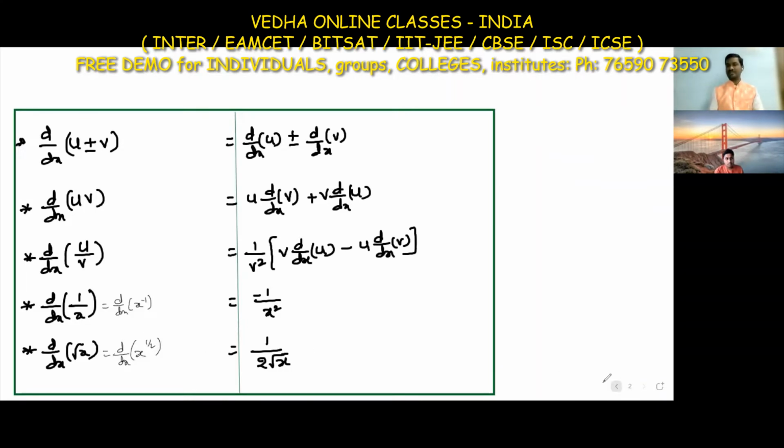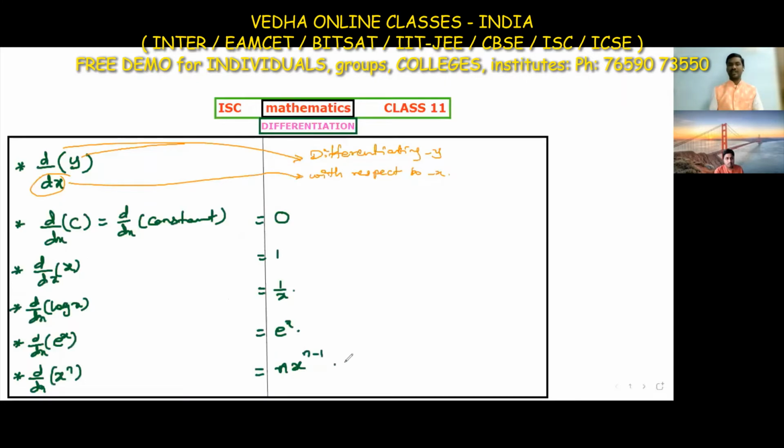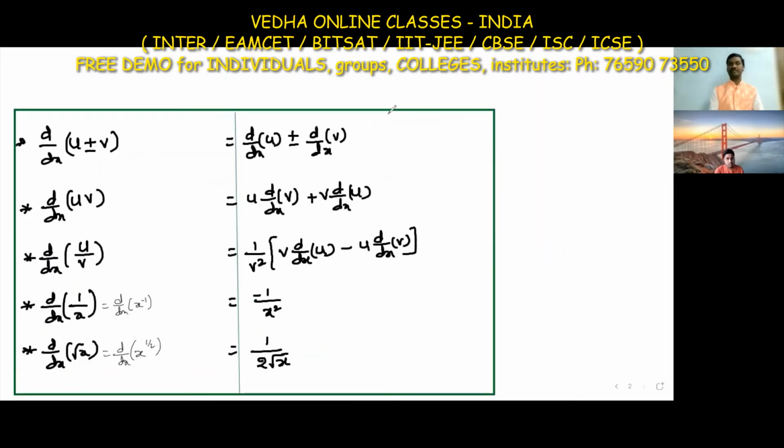In place of n we have 1 by 2, so we write 1 by 2 into x to the power 1 by 2 minus 1, and by simplifying, we get 1 by 2 root x. These are the formulas we are going to use in the next exercise.